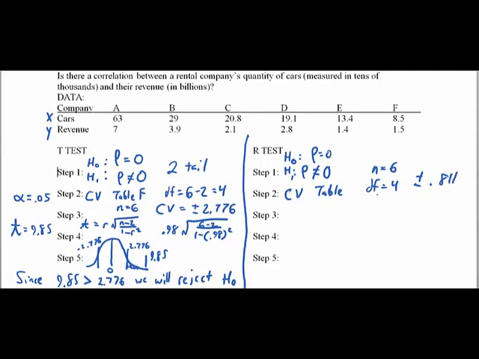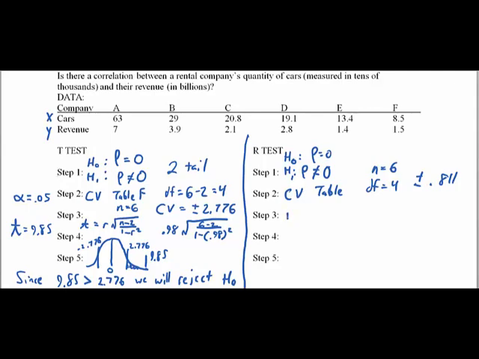So this is telling me if you have an R value that is greater than 0.811 or 81% or less than negative 0.81, then we will have to reject the null hypothesis.